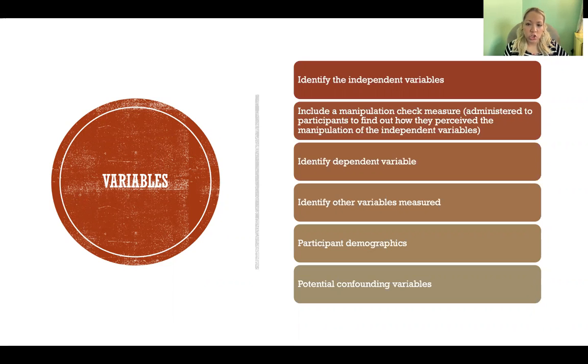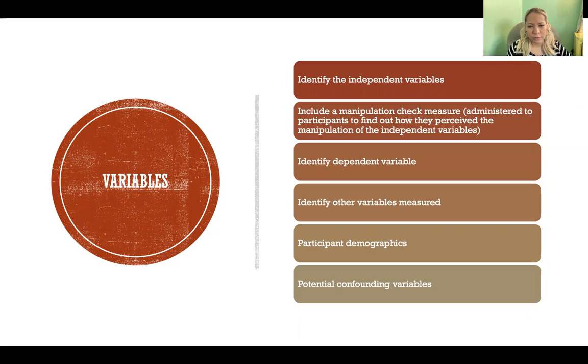So a manipulation check measure is a check-in with the participants to see if they detected or perceived the manipulation of the variable. And if they did, what did they perceive? What was their perception of what was being tested in this study?